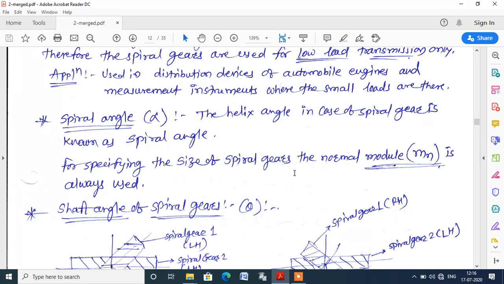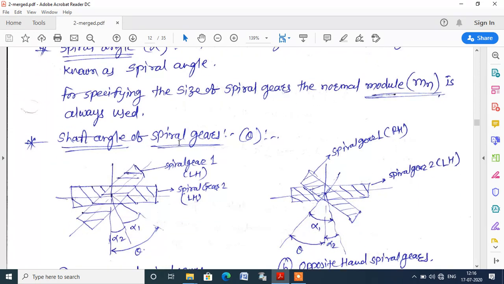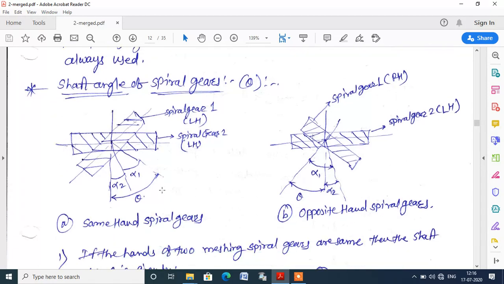Now, the shaft angle of spiral gears. The shaft angle is theta. Here there are two cases: same hand spiral gears and opposite hand spiral gears. First, case A, the same hand spiral gears.